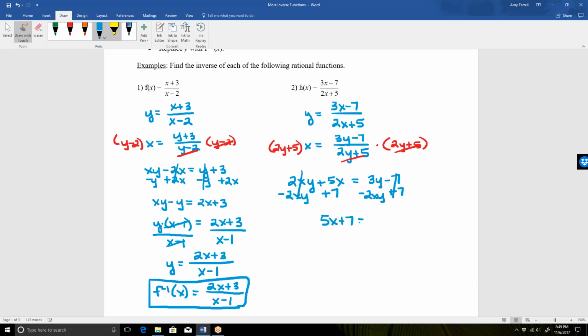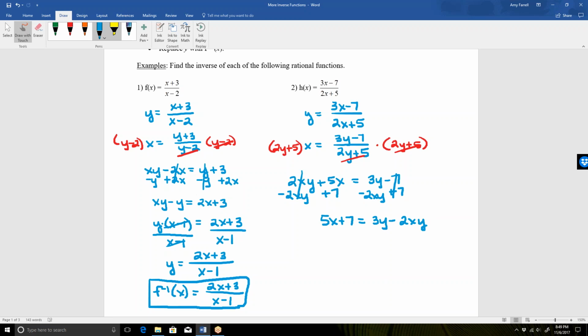So now I have 5x plus 7 equals 3y minus 2xy. In this problem I have my two terms that contain a y on the right-hand side of the equation, and over here in the last problem, I put them on the left-hand side. It really does not matter.